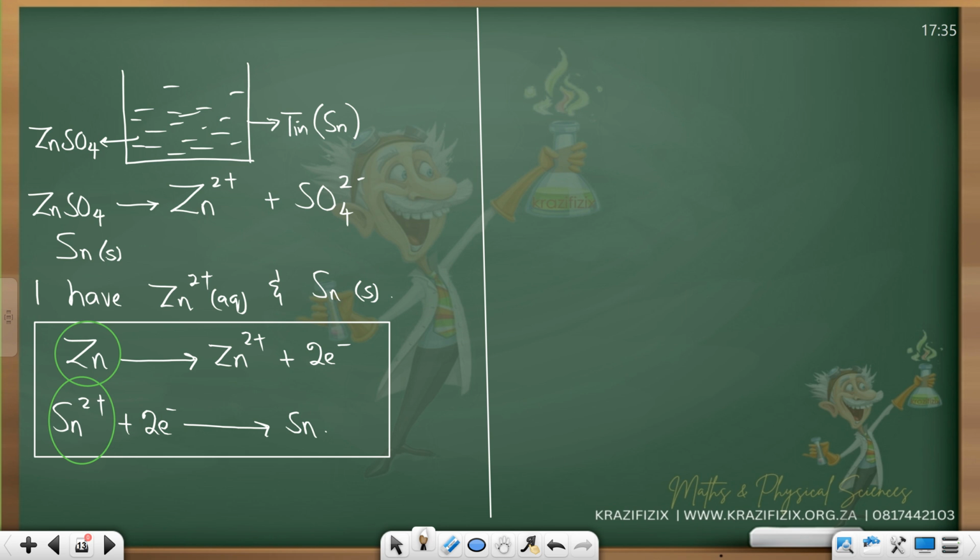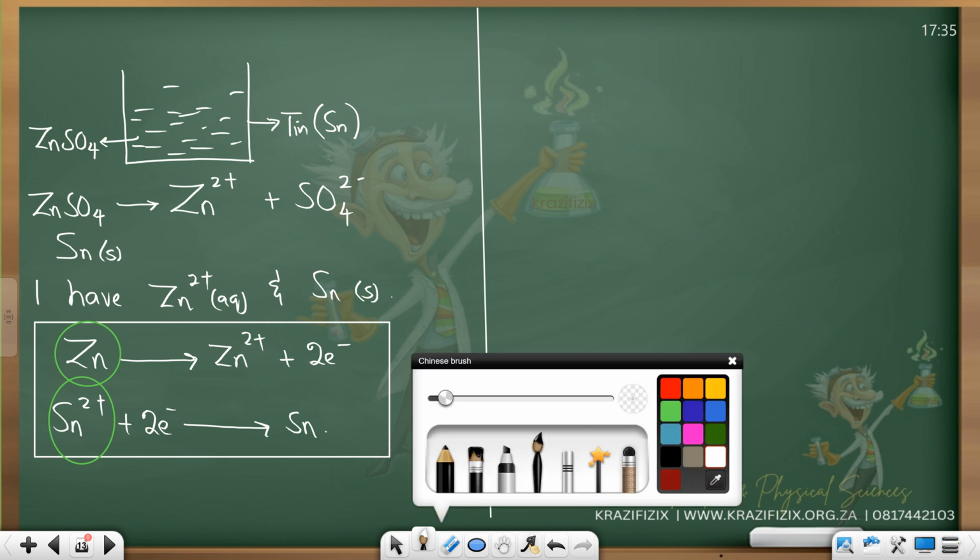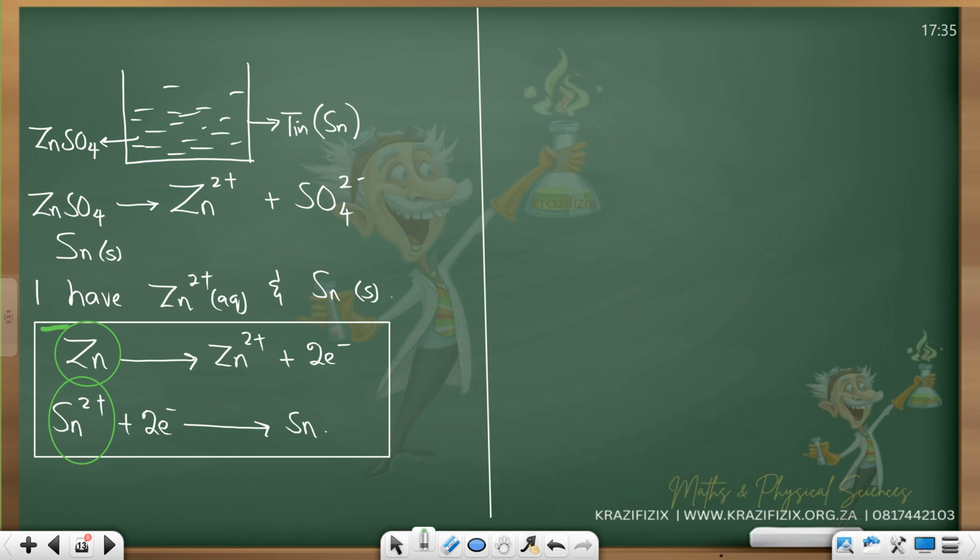All right, so we're saying, considering my half reaction, the zinc solid is supposed to change to zinc 2 plus, but I don't have what? Zinc solid. I want you to get that point. This is what I am expecting to happen every time I have zinc and tin.